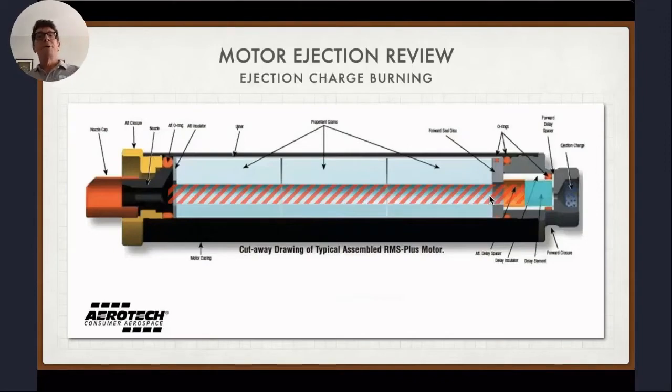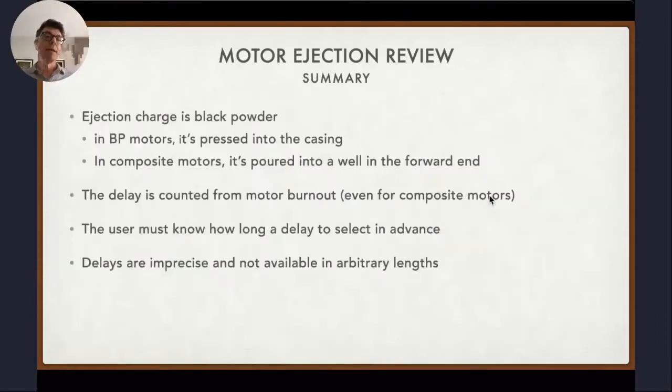So after the motor burns, the ejection charge burns, and then fires. So that's pretty standard. The only real complexity is the grain geometry means that the delay charge may be burning at the same time as the motor.